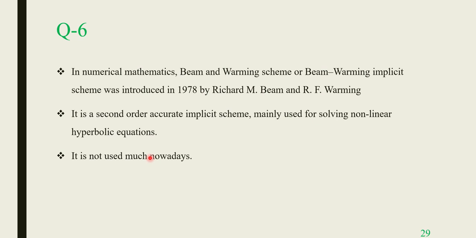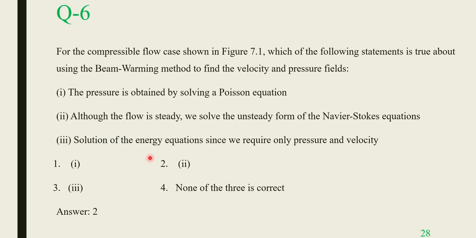Basically we are dealing with the unsteady form of the equation. We are not going with the steady flow equation. Rather, we are using the unsteady form of the equation to solve them.